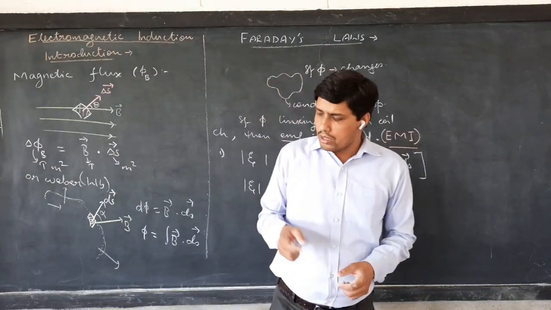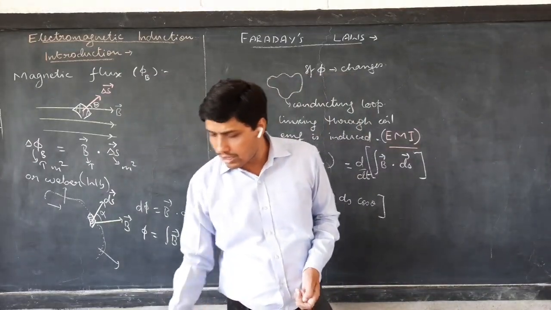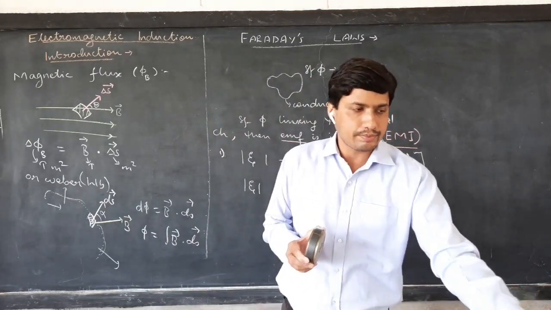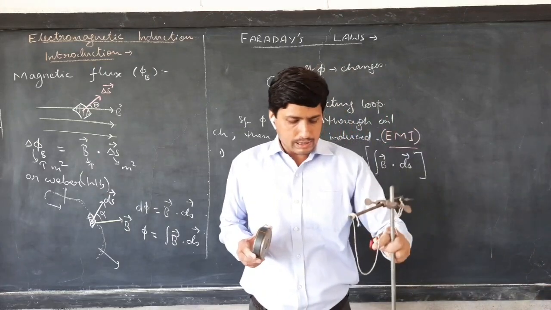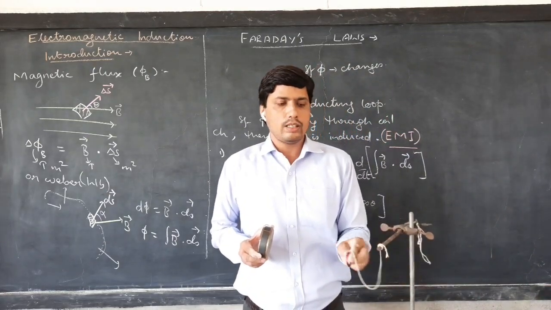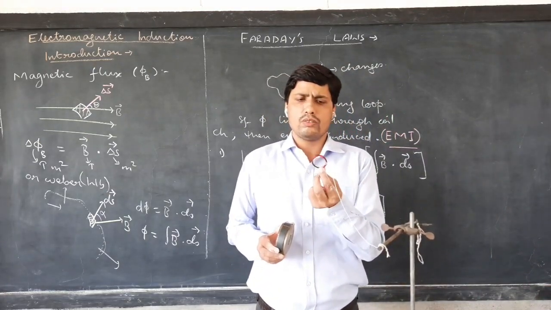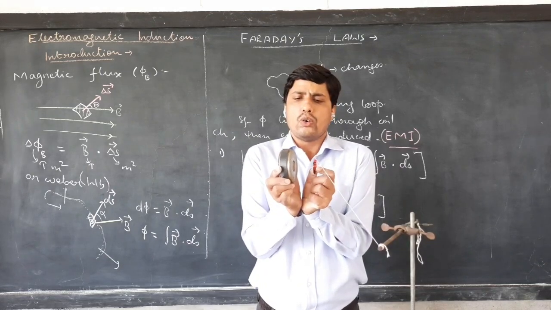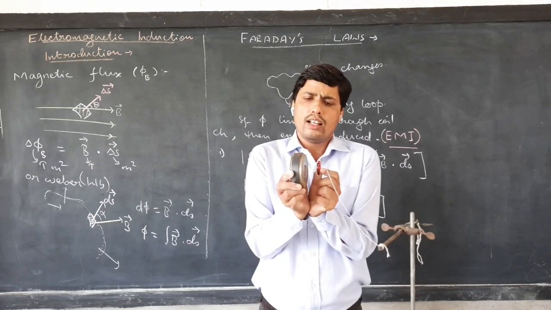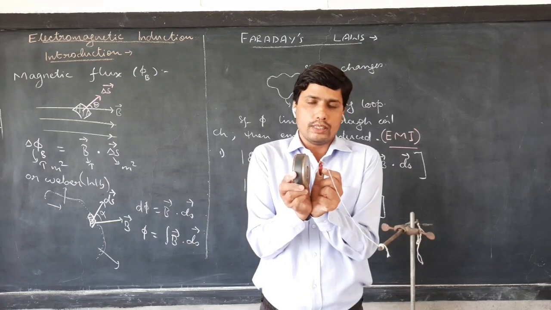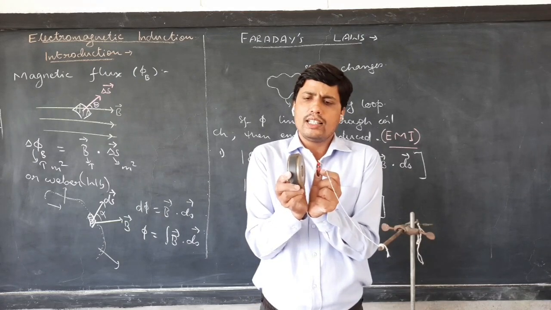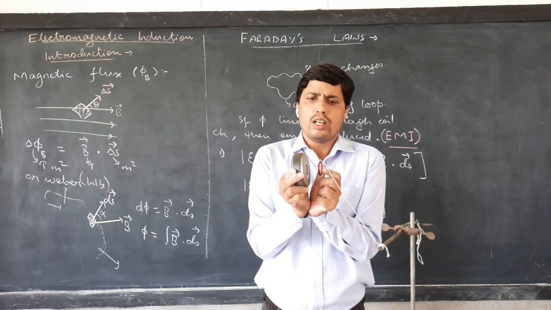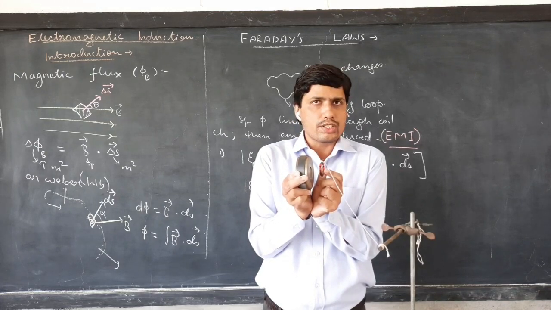For example, if I put a magnet, suppose this is a magnet and this is a coil. This is a copper wire. This is a magnet. If I hold them very close and do not move them, either of them, then it will have some magnetic field in this region where I have placed the loop, but that magnetic field will be constant.